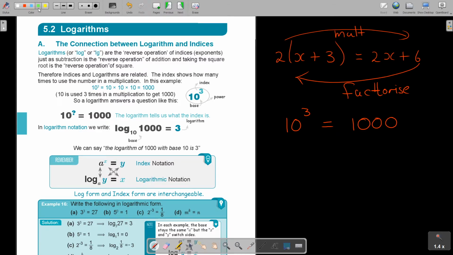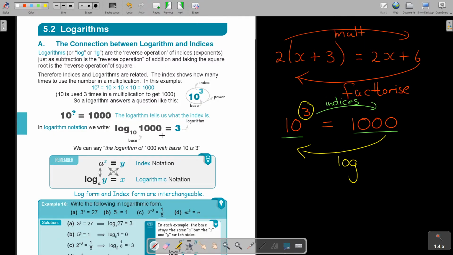Now, it's almost like this is indices. If I'm giving you this and I want you to work out this, I want you to reverse back. I'm taking the logs. So that is why this is actually the reverse of indices. I will say 10 to the power of what is 1,000.